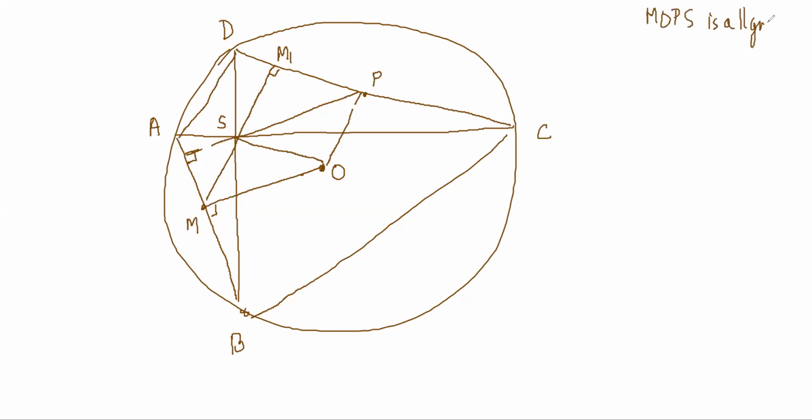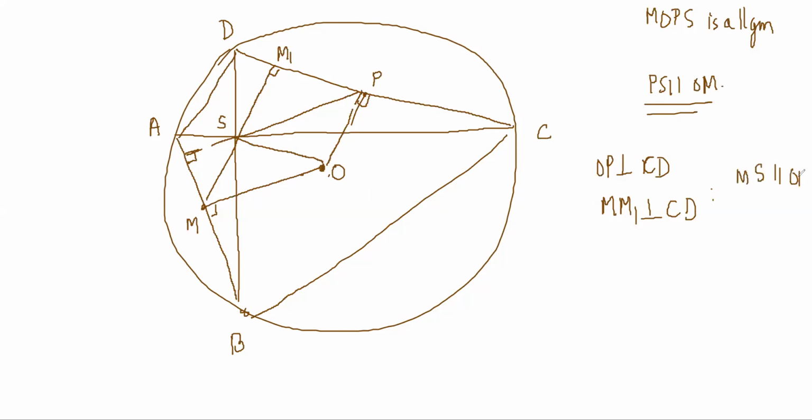Now we also have MS parallel to OP, because OP is perpendicular to CD, and MM1 is perpendicular to CD, right? Yes. So we have opposite sides parallel.